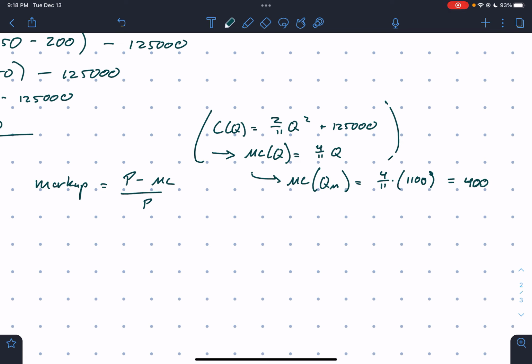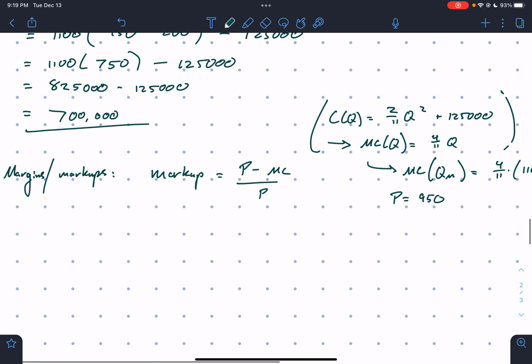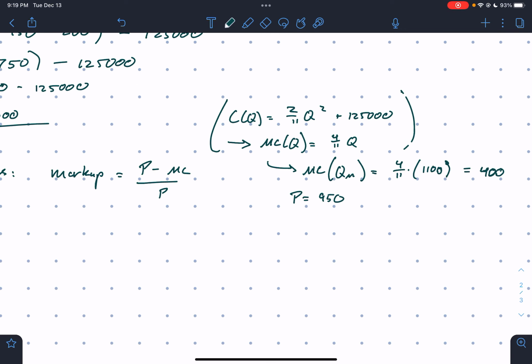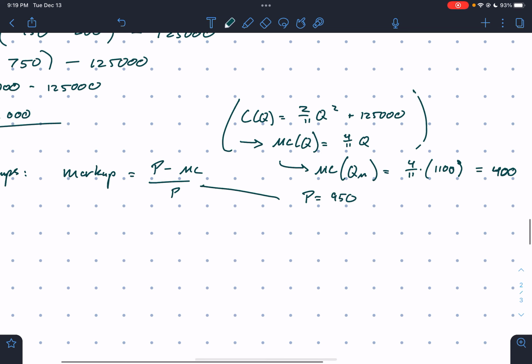Here we have price is equal to, it was like 950. So we're going to use these pieces of information in this formula.